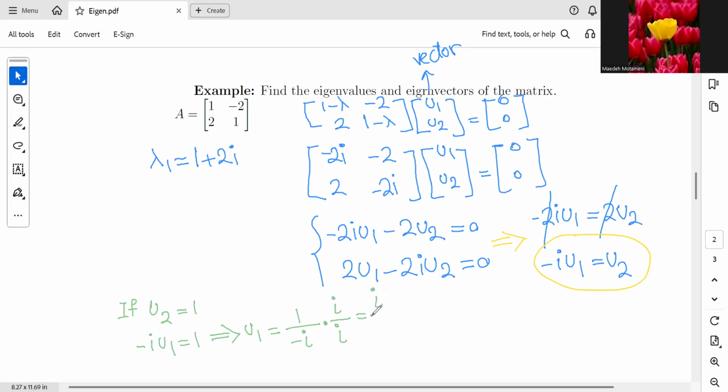The top will be i, the bottom will be negative i squared, which is positive, so it will be only i. This is why in the solution of the review, you see that a typical vector v is i for v sub 1 and 1 for v sub 2. Same idea when lambda 2 is 1 minus 2i, with the same process and a similar answer. But let's say somebody says, I don't want to do this.